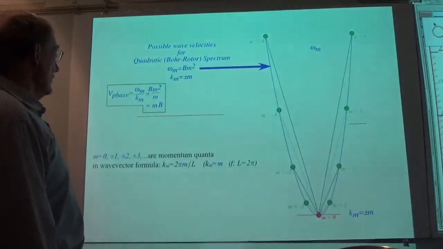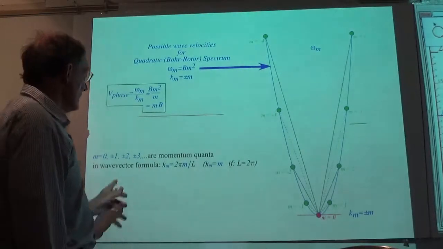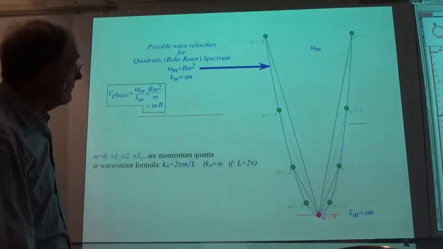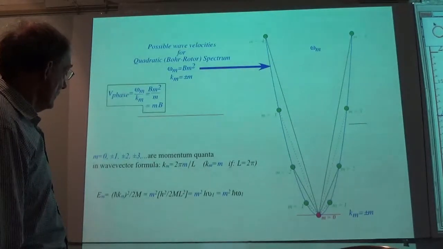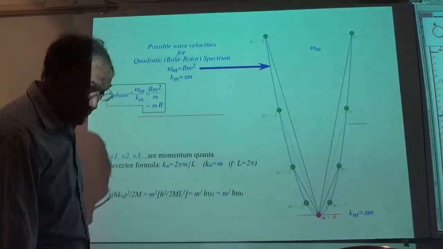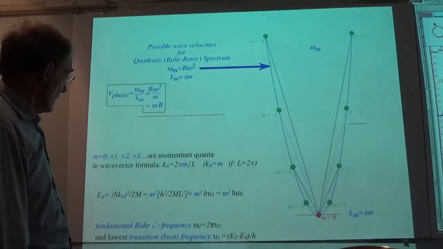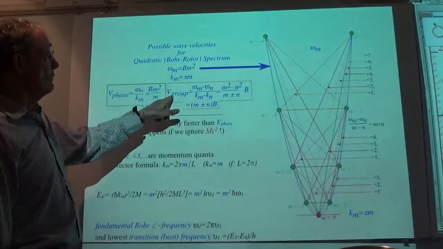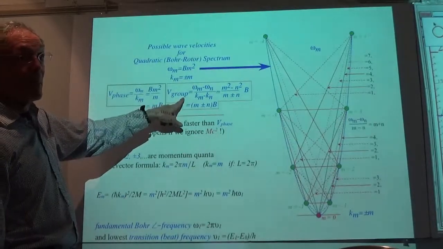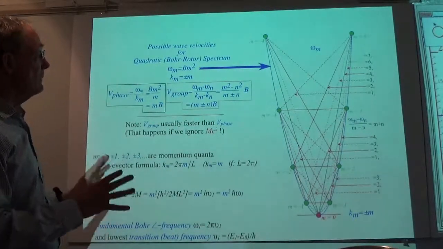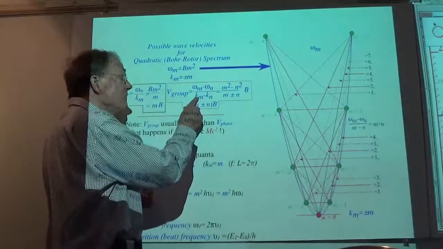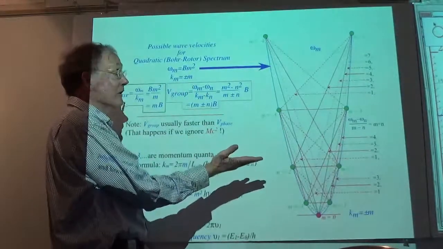But what we're interested in, the thing we're going to see, this is just a statement of the momentum quantum. What we're interested in with this dispersion relation is group velocity. And the big mistake that people make is to take Brillouin's formula, d omega dk, and apply it to a problem like this.